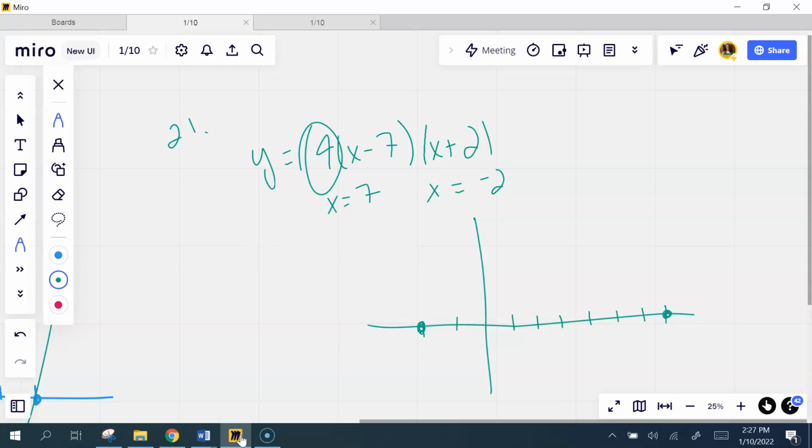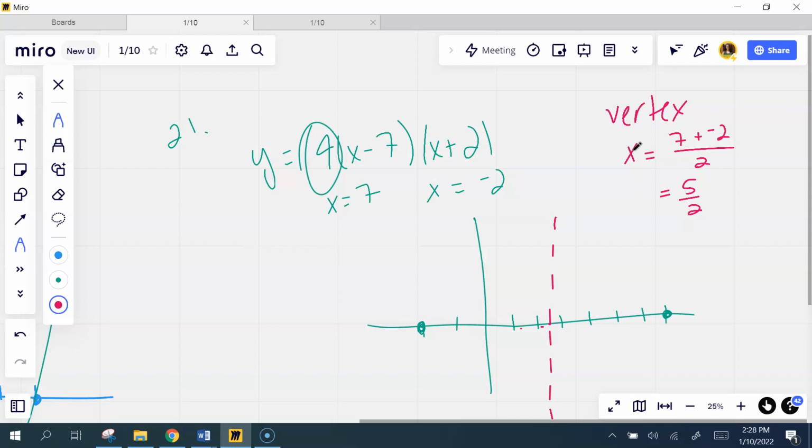Now all I need is to find the vertex, and remember to find this vertex, I add these together, 7 and -2, and of course divide by 2. And I get 5 over 2, and I'm going to guess the fraction threw you, but it's just 2.5. Come here and put my axis of symmetry.